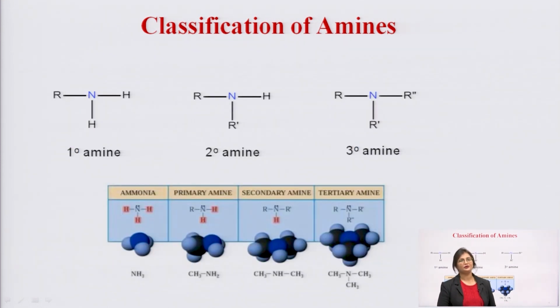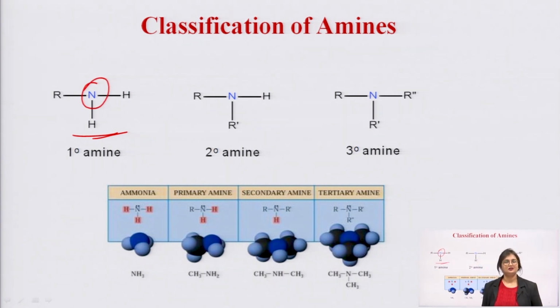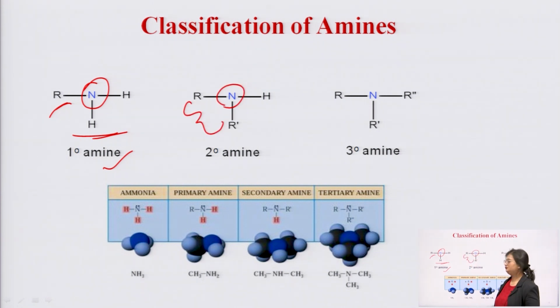Now, here we can see the nitrogen atom at the center with one alkyl group attached, making it a primary amine. Similarly, in a secondary amine, the nitrogen at the center is attached to two alkyl or aryl groups.